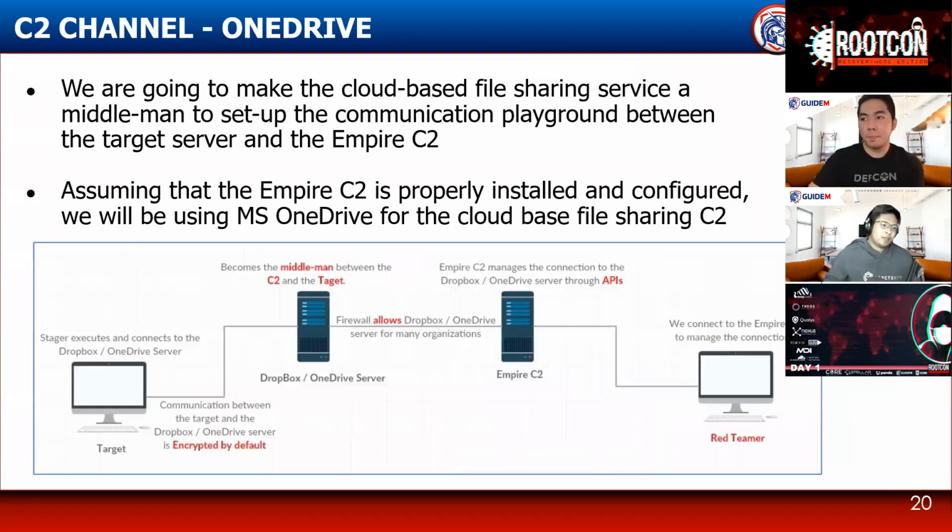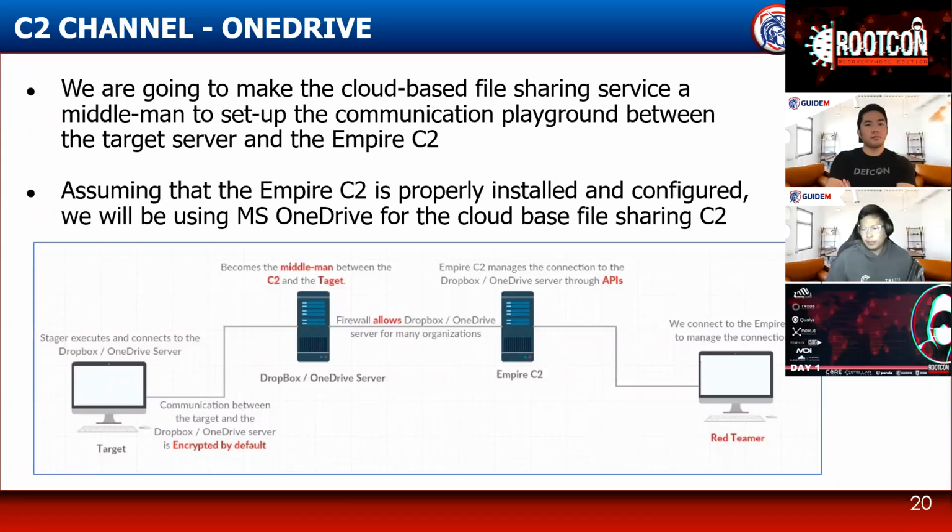So here we have an example of OneDrive being used as a command and control channel using Empire. This is a typical example wherein the target, depending on the delivery, most probably via email.